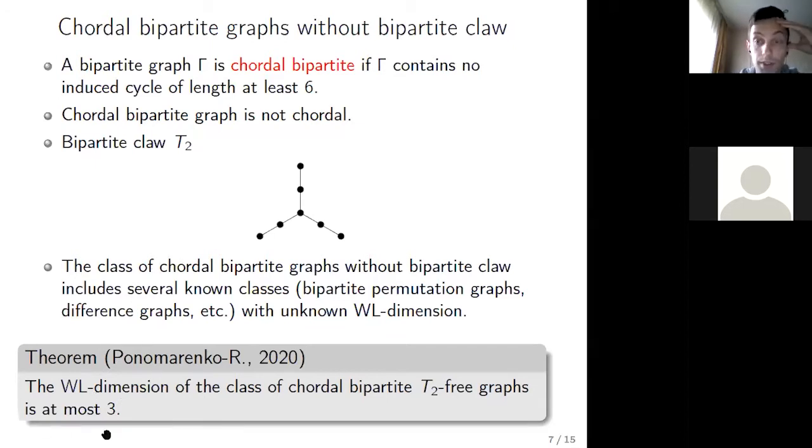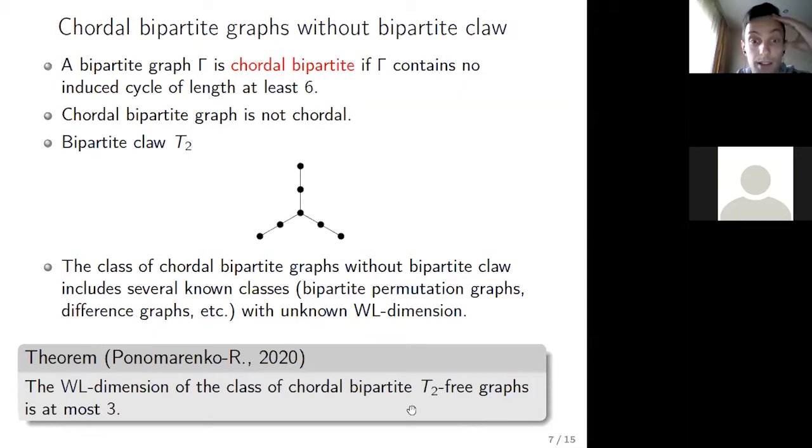The proof of this theorem takes maybe something like 10 pages. But to check whether this Weyl dimension is exactly 2 or exactly 3 is a routine complicated task, and maybe there are not many reasons to do this.